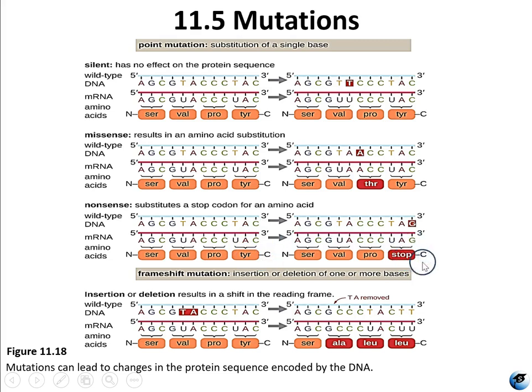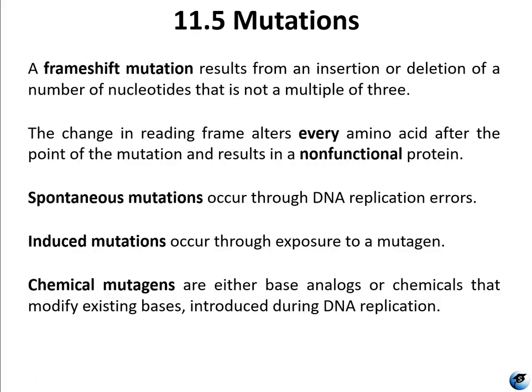And then of course you can have insertion or deletion, which results in a frame shift. A frame shift mutation results from insertion or deletion of a number of nucleotides, but it can't be a multiple of 3, okay, because the codons are in multiples of 3. In order to shift the reading frame, it has to be something other than 3.